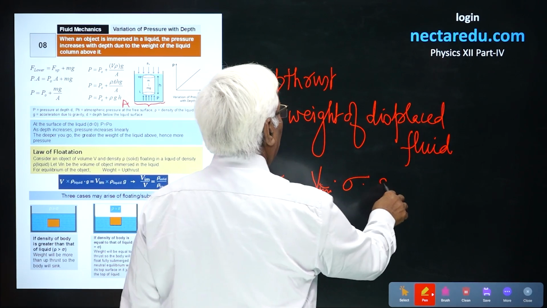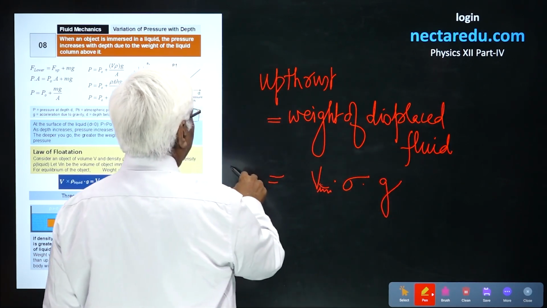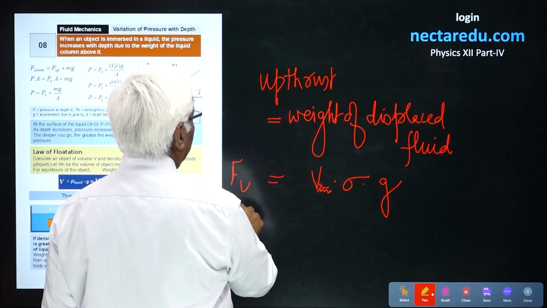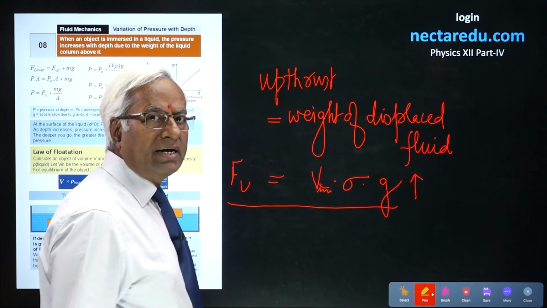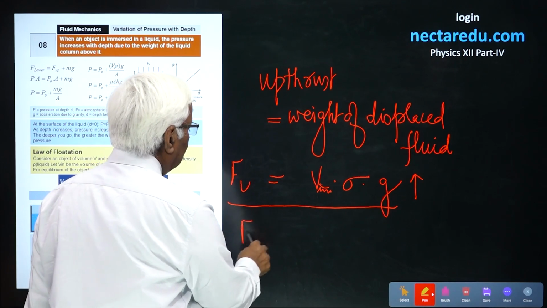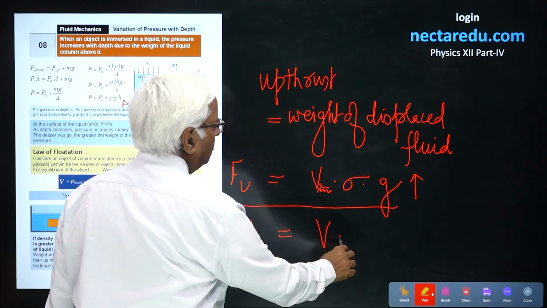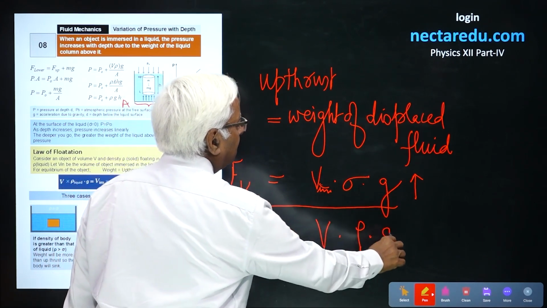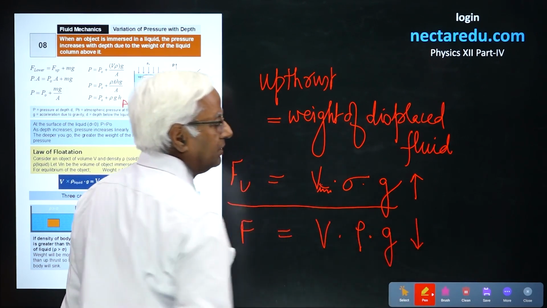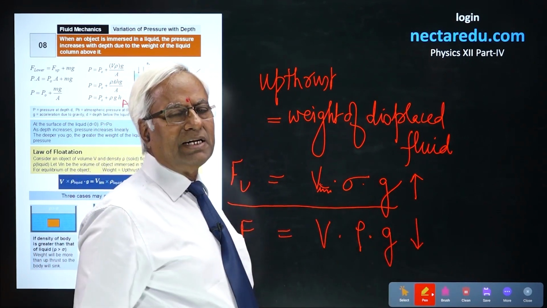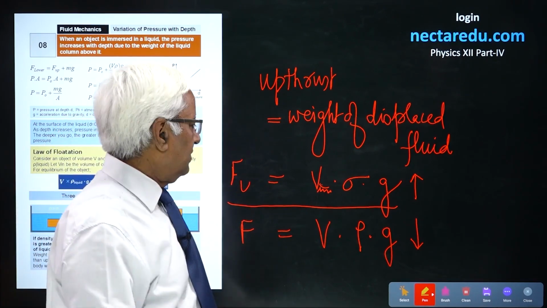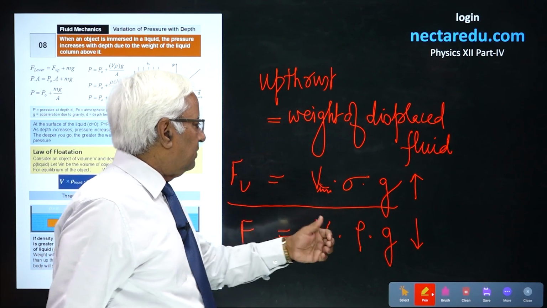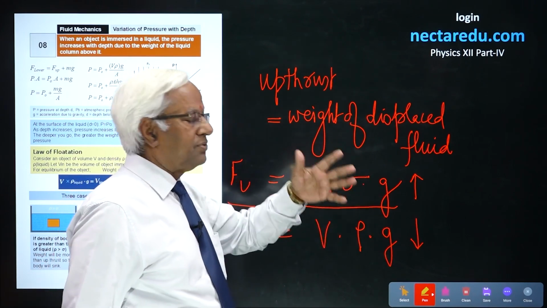This becomes the upthrust, which acts upward. And the weight of the body is going to be total volume times the density of the body immersed. Not only solids, even liquids can be immersed in gases. So, this is the weight of the body immersed, and this is the upthrust.